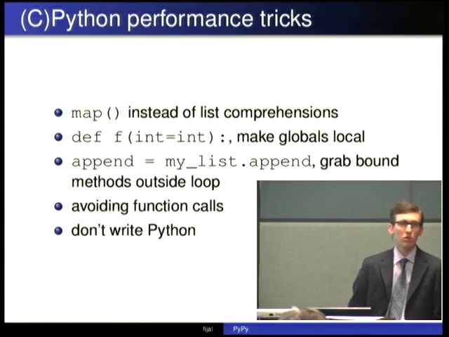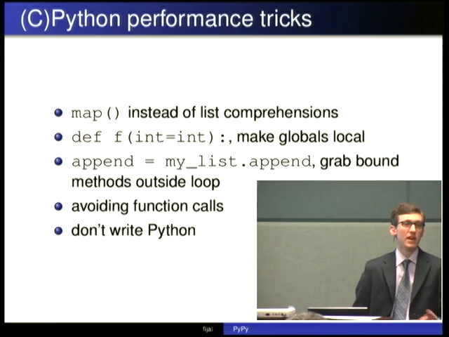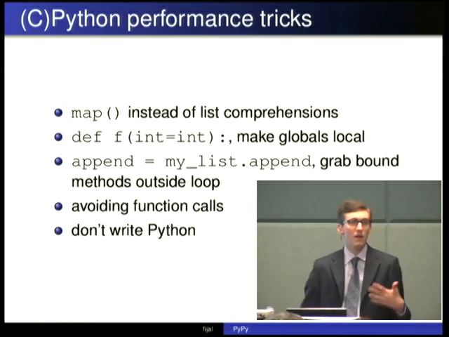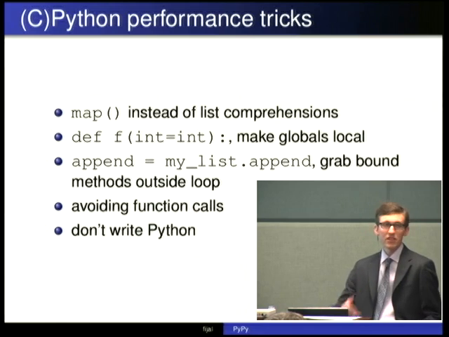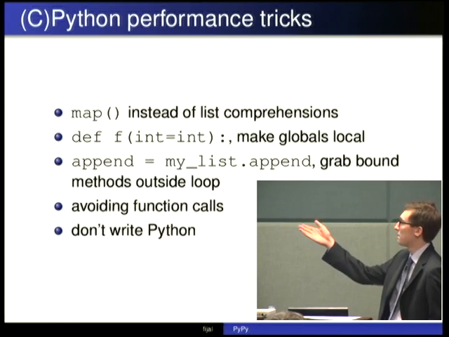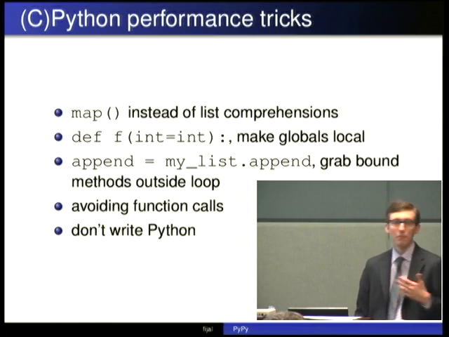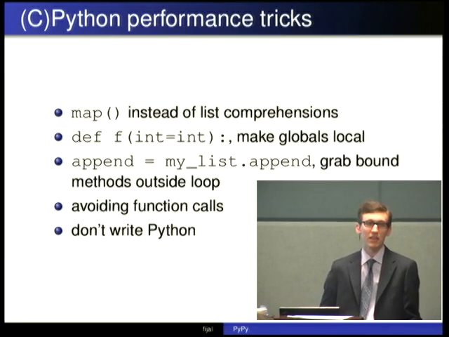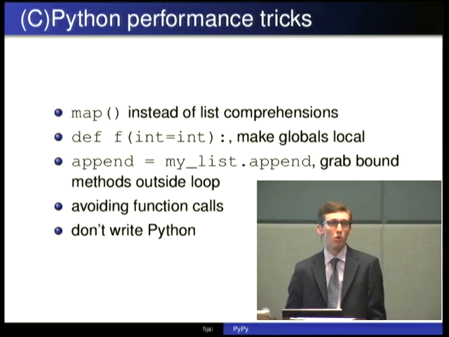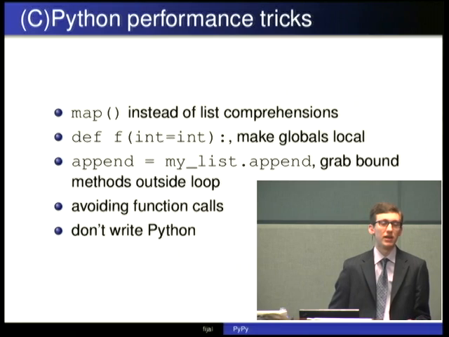Making globals local, so instead of looking up a global name in the middle of a loop, if you could somehow look it up earlier, that's faster. The bound method thing Dave talked about, grabbing the bound method outside the loop. Function calls are slow. And most importantly, the fewer lines of Python you execute on CPython, the faster you tend to be. The more you can find a way to push your computations into C code, the faster they will be.